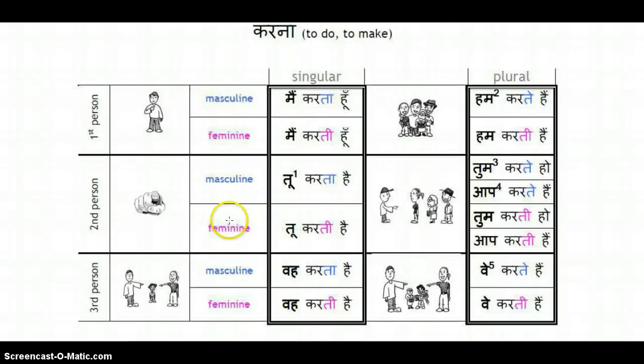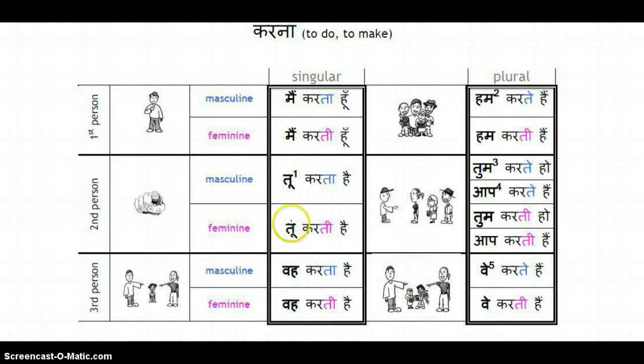So the second person singular again is just like I've told you with hona. Tu is only used in very intimate situations. So I will teach you this person only for grammar reasons, in order to know that it exists, but do not use it unless really necessary.